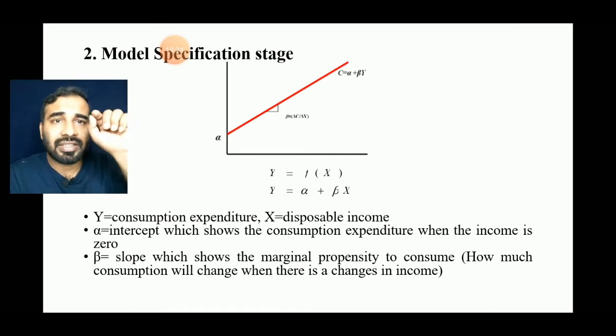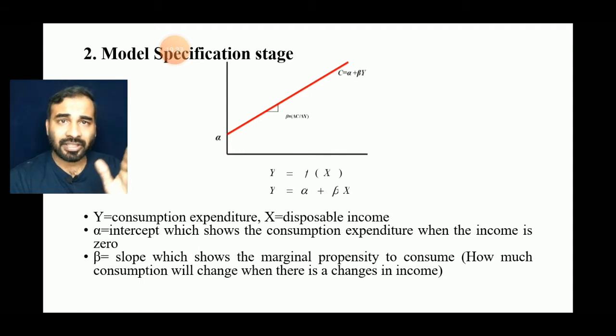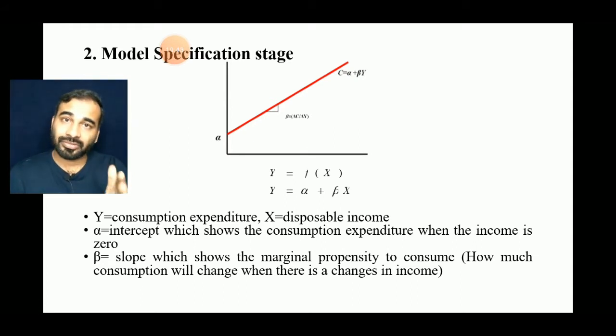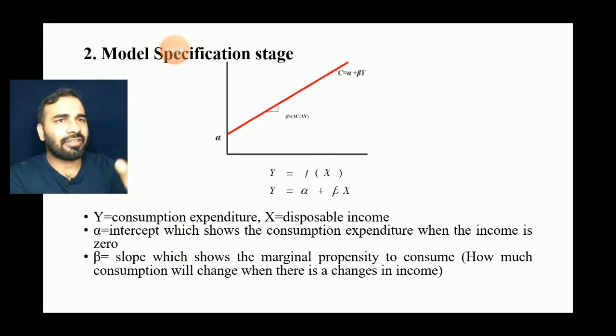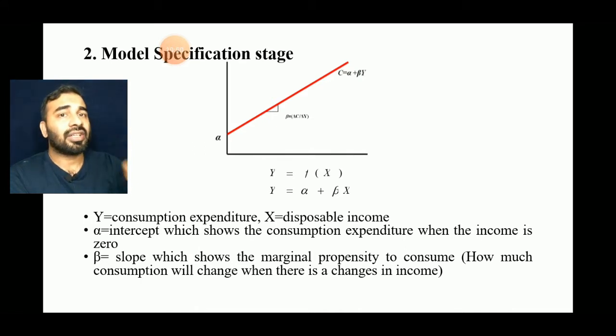Because the functional equation will just tell you whether these variables are related or not. It won't give us the direction of the relationship. Suppose I write Q is a function of P, and here Y is a function of X. Consumption depends on income, quantity depends on price.